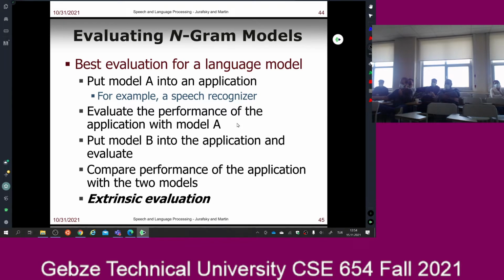Put your model in a real application and evaluate. So what kind of application is this? It could be a speech recognizer, or a machine translation system from Turkish to English, etc. If your model works very well, if it improves the overall results, then you are doing good with your model.